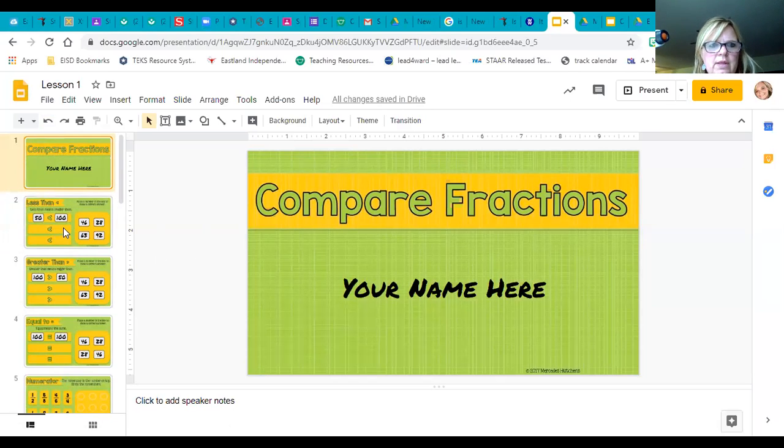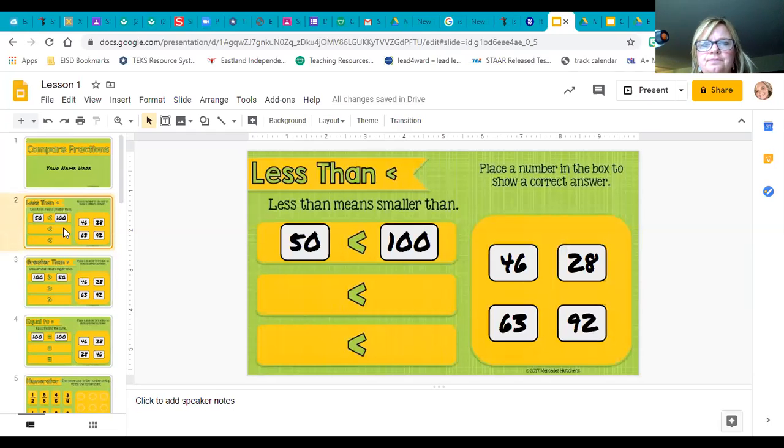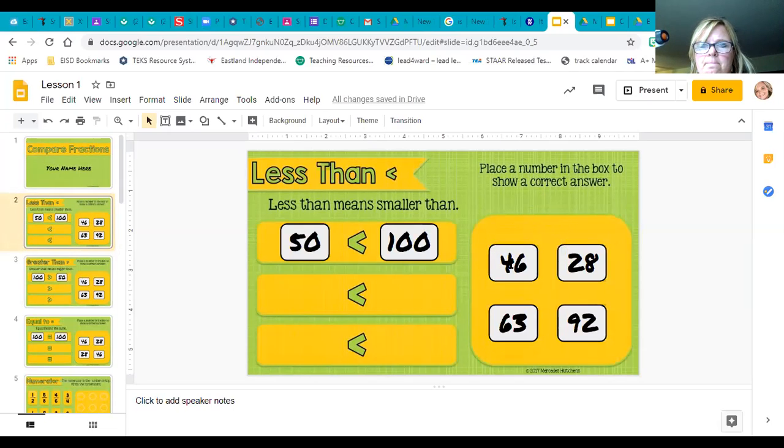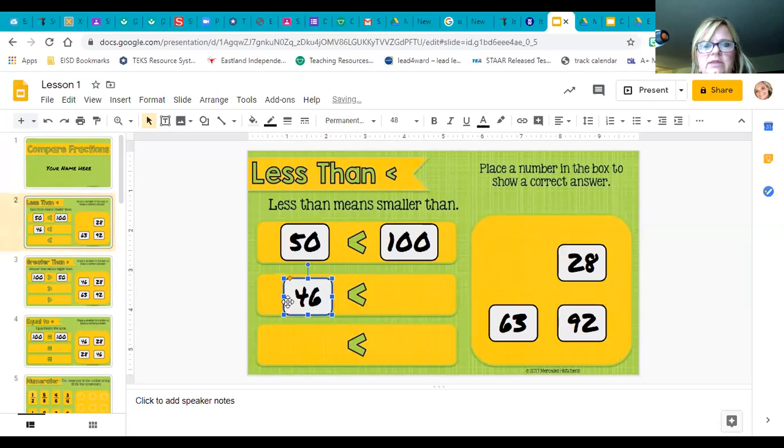You could put your name in there, then you'll go to your next slide, and you can actually manipulate the numbers. We're starting with whole numbers, just a review of comparing. Place a number in the box to show a correct answer. Once you get those 4 arrows, let's say 46, they're saying 46 is less than what?